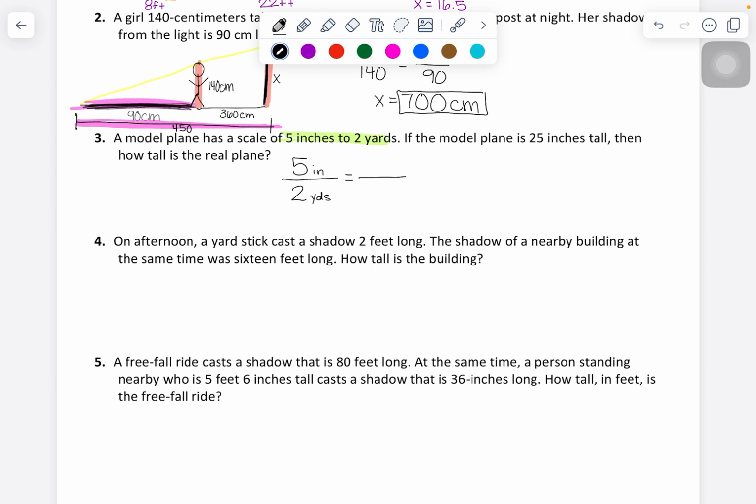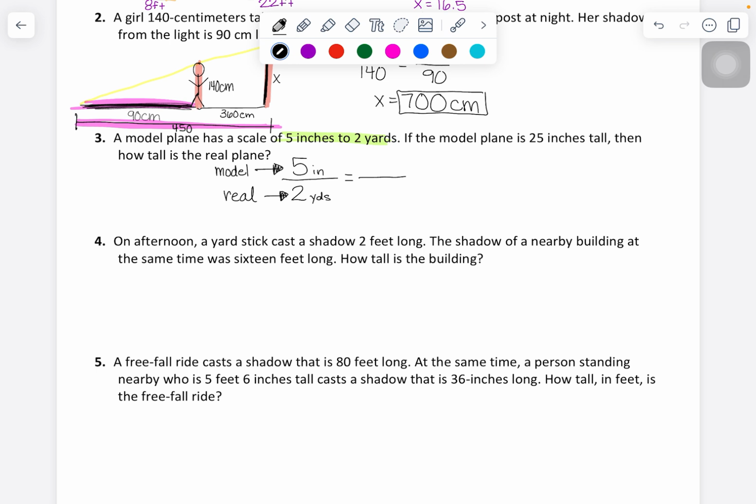So, on the other side, the reason the measurements have to come in those corresponding units has to do with what goes on top and what goes on bottom. If the model plane has a scale of 5 inches to 2 yards, that means that the 5 inches is coming from the model and the 2 yards is coming from the real item. In my other fraction, I have to make sure model goes on top, real goes on bottom then, because it has to come from the same item.